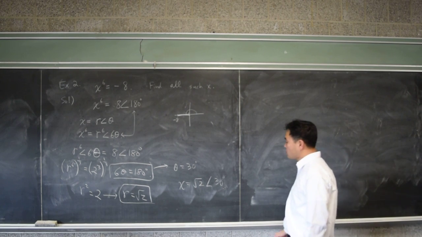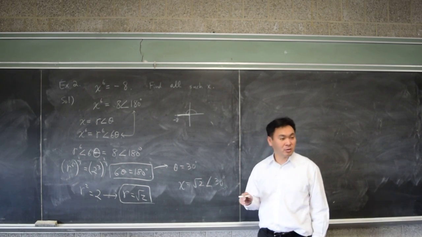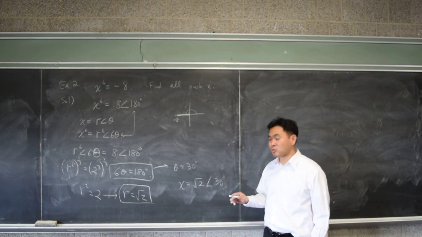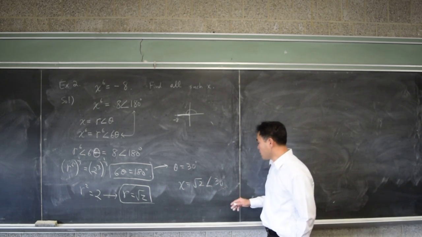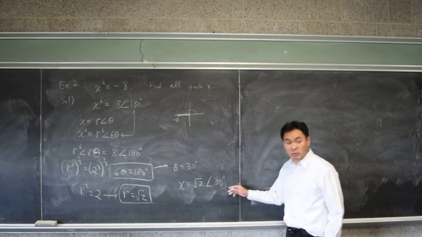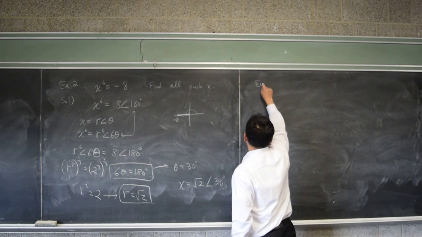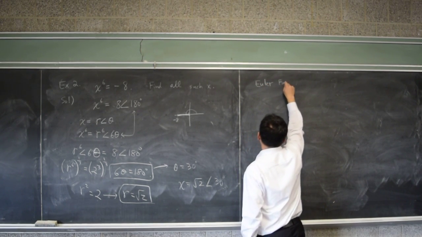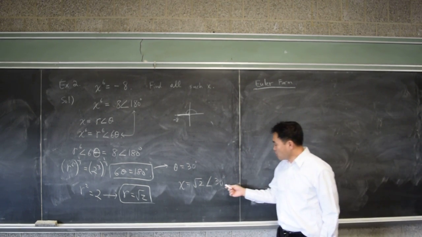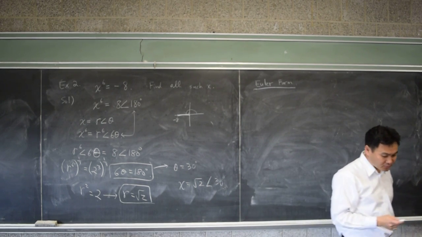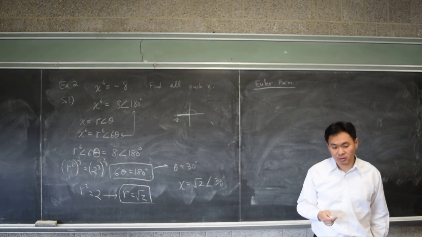Now in these questions, I might ask you to write your solution in polar form, or it could be in rectangular form. I could also ask you to write it in Euler form. So let me rewrite this in both rectangular form and Euler form. Now first the Euler form. Although we are allowed to use degrees in the polar form, when you write things in Euler form, you have to use radians.